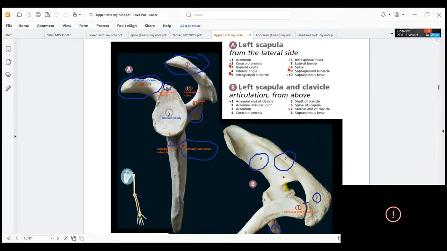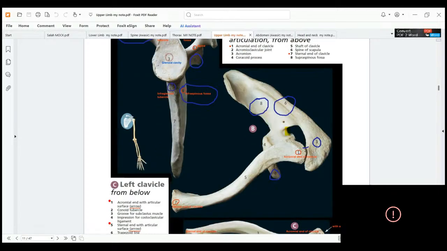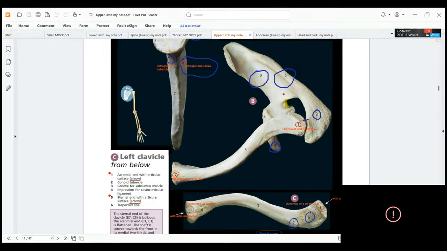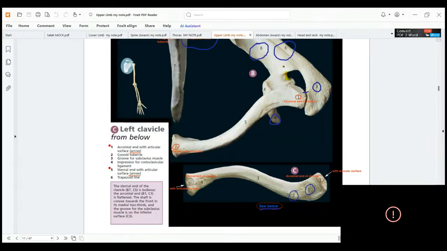Number 1, acromial end of the clavicle, sternal end. Number 3 is acromion of the scapula. 4, coracoid process.